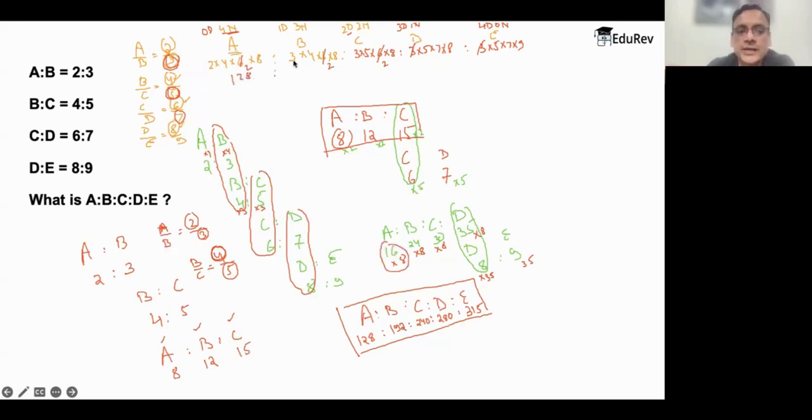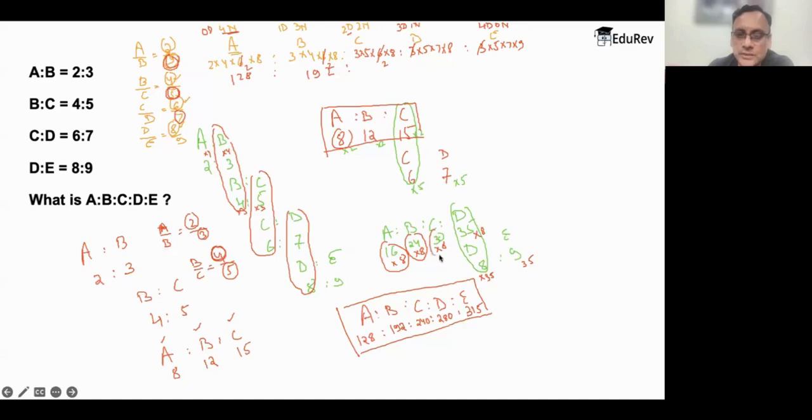Okay. Then 3 into 4, 12. 12 into 2, 24. 24 into 8. See, 24 into 8. Same 24 into 8. So 192. Right? So you'll get 192 here. Okay. Then 3 into 5, 15. 15 into 2, 30. 30 into 8.